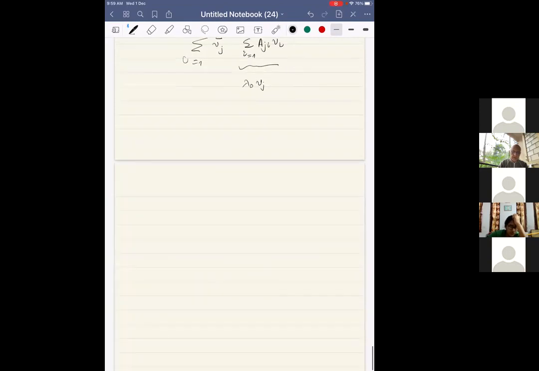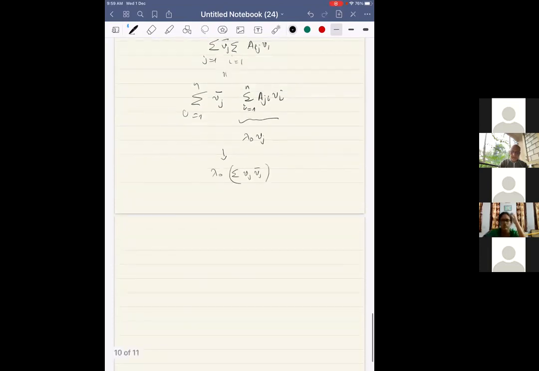So this becomes lambda 0 sigma vj bar, which equals lambda 0 bar sigma vj bar. Now this is a real number greater than 0. This is really the same real number greater than 0. So lambda 0 equals lambda 0 bar.